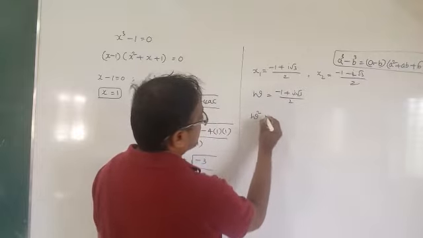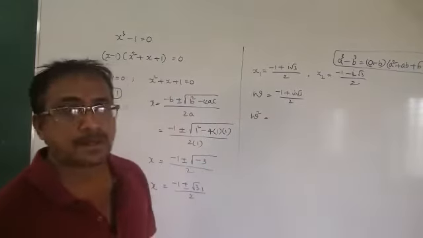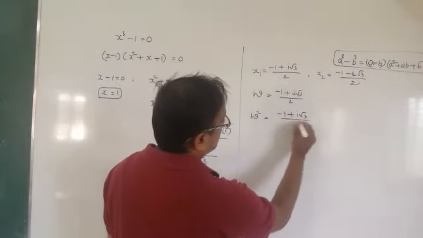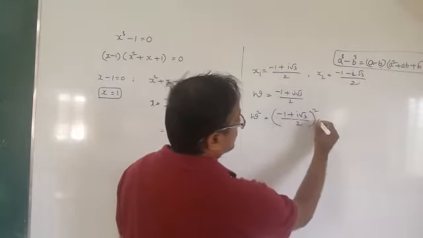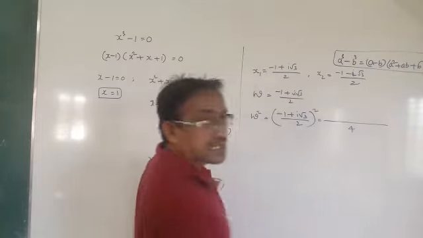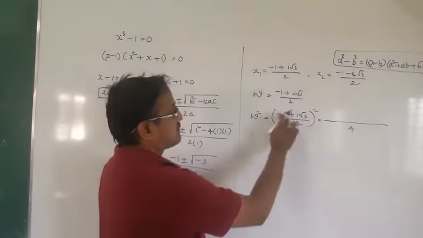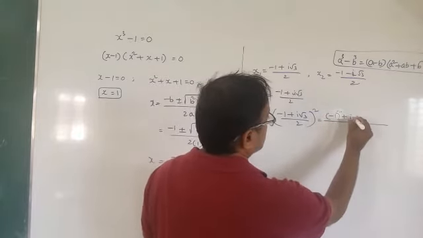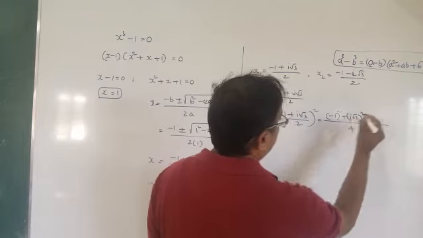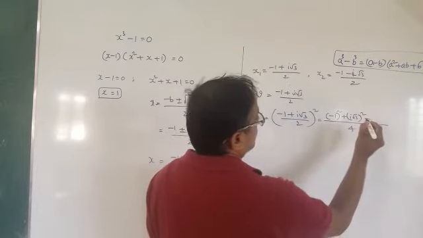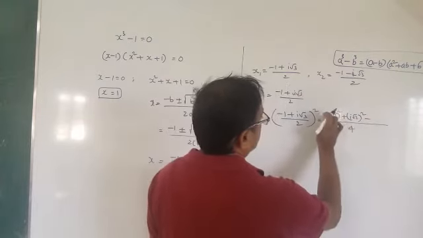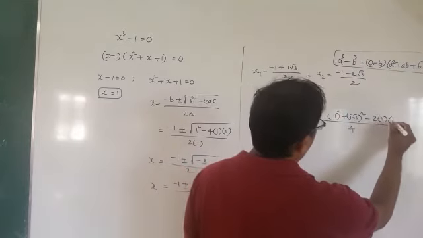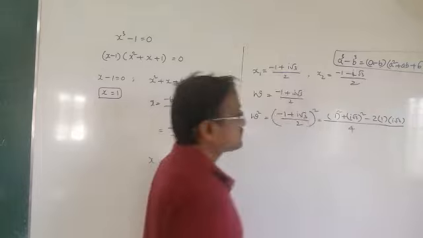Now consider omega square. Omega square will be (minus 1 plus i root 3 by 2) whole square, so you will get 4 in the denominator, and it is of the form (a minus b) whole square. So a square plus b square minus 2ab, 2 into 1 into i root 3.